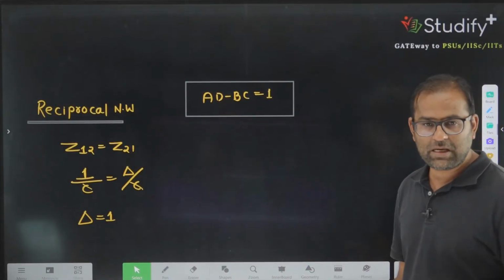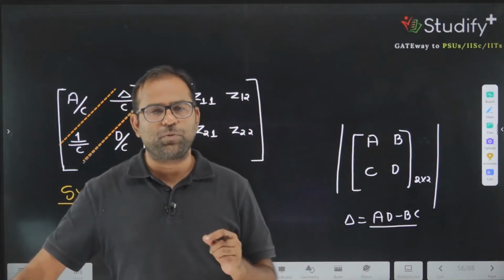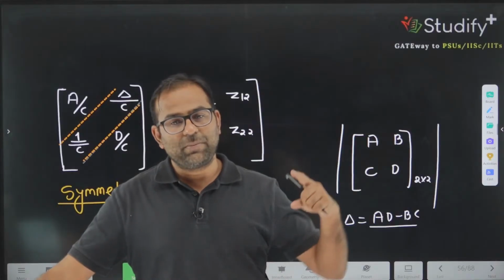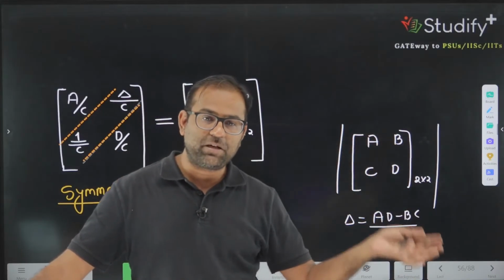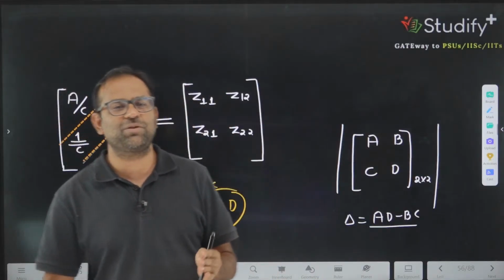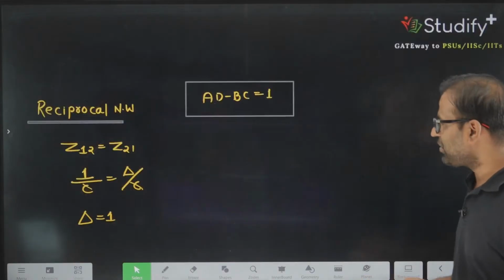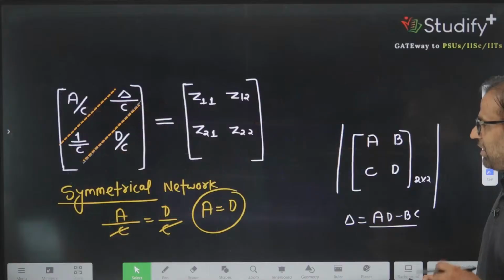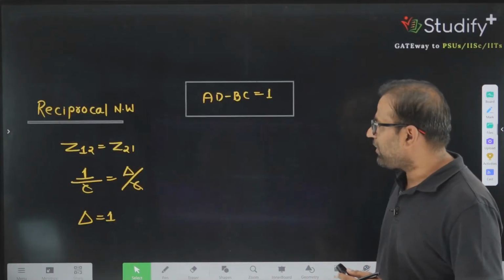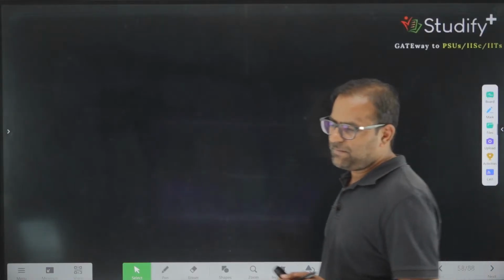And if a two-port network is symmetrical, you will get the symmetry using Z parameter, Y parameter, H parameter, or ABCD parameter. All parameters will convey the same information. Okay, this is one of the theory for ABCD parameter. You can convert this into Y parameter also, and the story is the same.